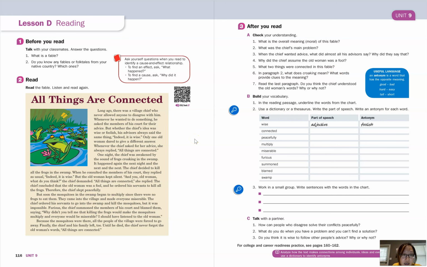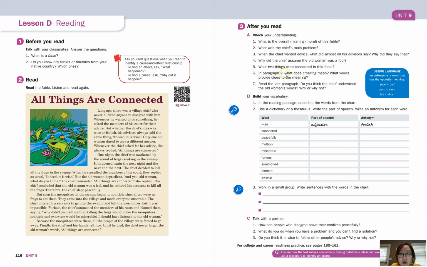We can say the frogs and the mosquitoes were connected. Or you could add more information and say the frogs ate the mosquitoes. Or the mosquitoes were not a problem because the frogs ate them. So something like that.